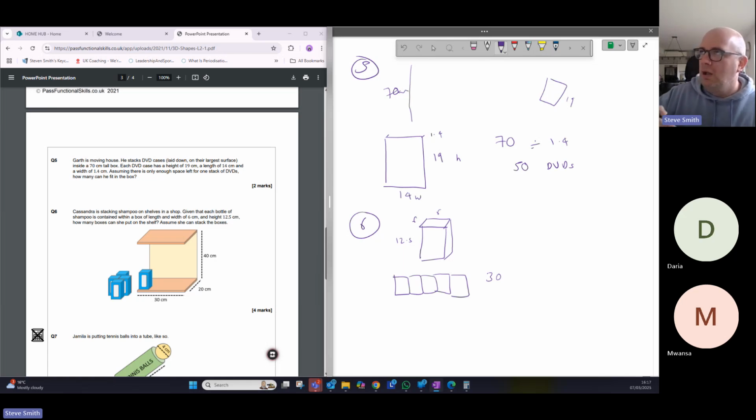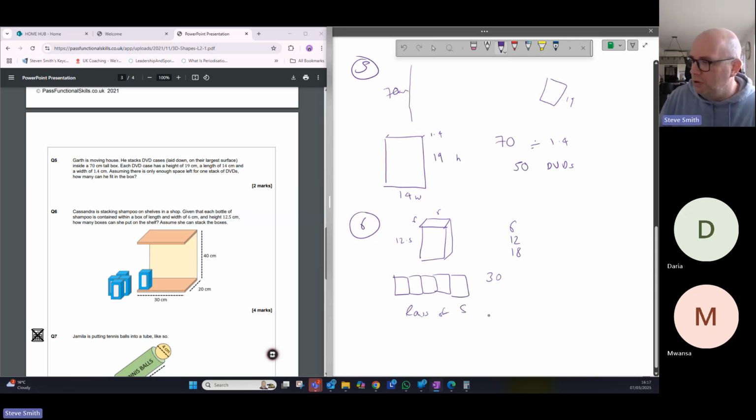So how many rows can we put on? If we've still got to go 6, we can only go 6, 12, 18. So we can't get to 20 that way. We can still do 3. So we're going to go rows of 5, and then we can do 3 rows.